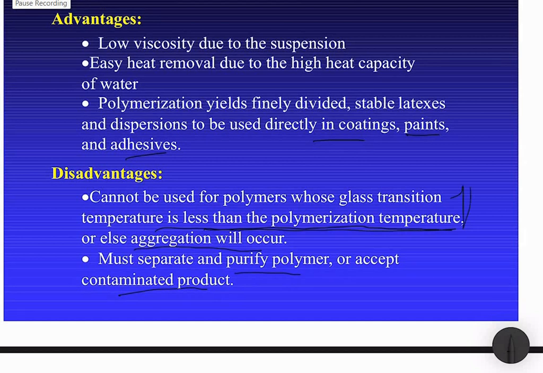This is a very important point to consider: the glass transition temperature of the polymer that will be formed in this technique should not be less than the polymerization temperature. Otherwise you will get aggregation of the polymer instead of precipitation in the form of beads or pearls. You will get a lump or aggregate because the polymerization temperature is higher than the glass transition temperature of the polymer.